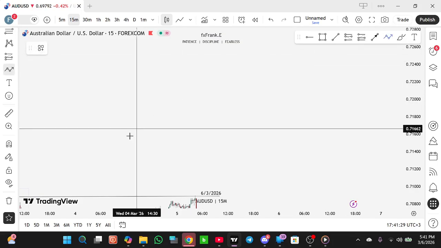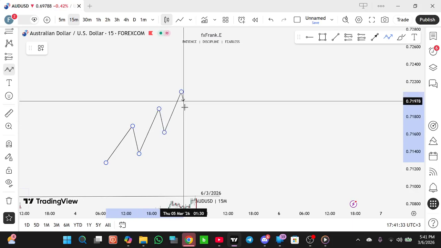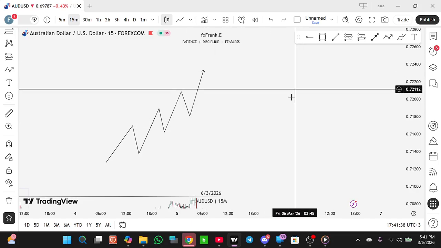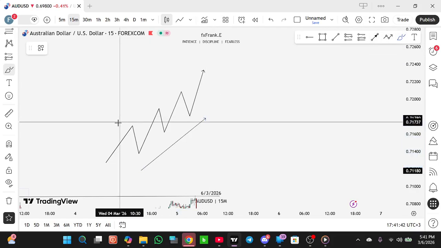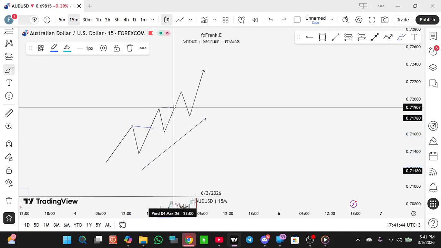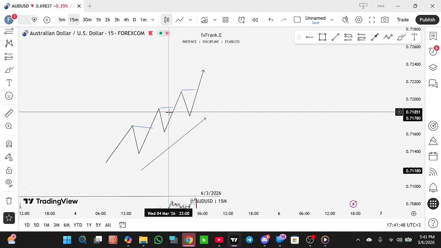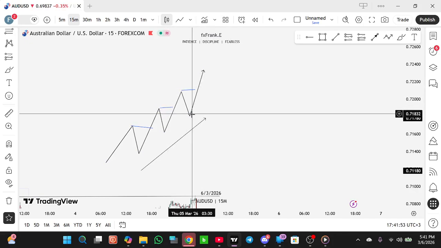In market structure inakuwaje? Unakuwa unaona series of higher highs and higher lows for the bullish market. Higher highs and higher lows kama hii ni bullish trend. Kwa hiyo market unakuwa unaona kabisa kwamba kunakuwa kuna breakout structures towards the upside direction, unaona, the bullish market. So you have to wait for the market to break the structure and mark your supply or demand zone.